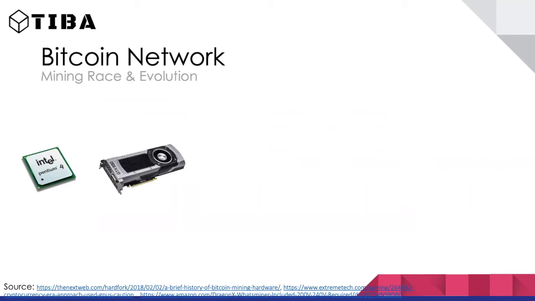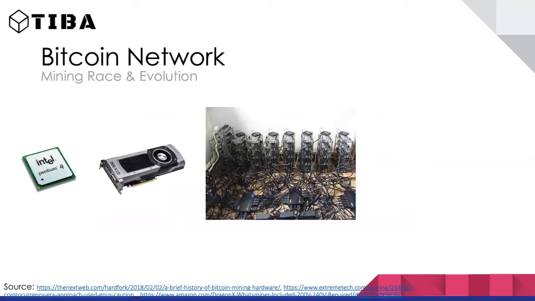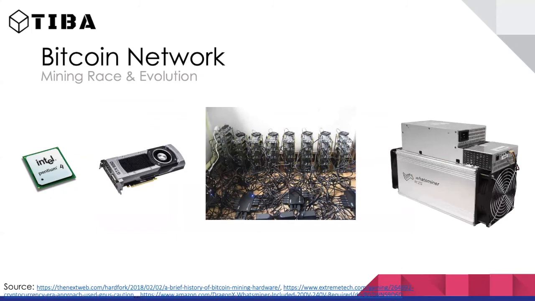And then some people put a bunch of GPUs together and started mining Bitcoin using that, which is more efficient, right? And then people started to create unique hardware called ASIC, the purpose of which is to mine Bitcoin.